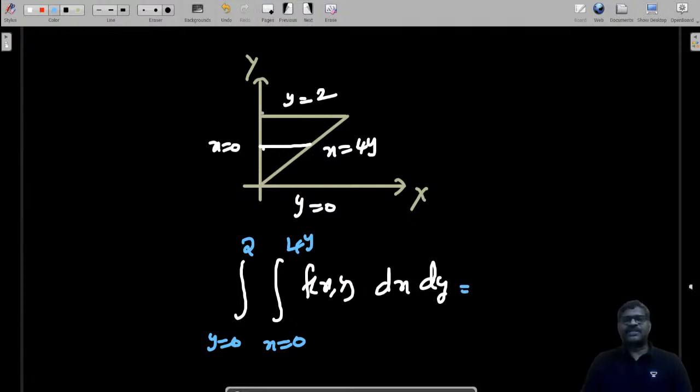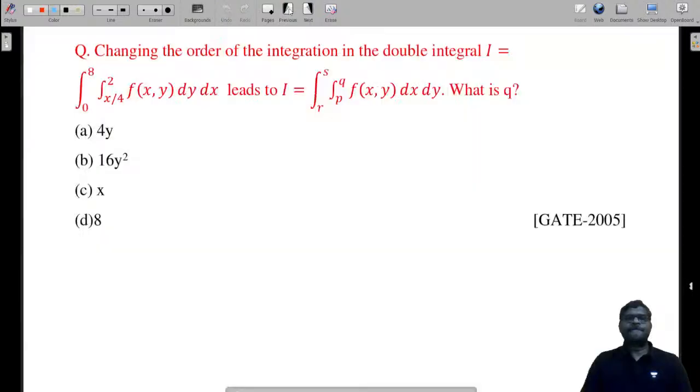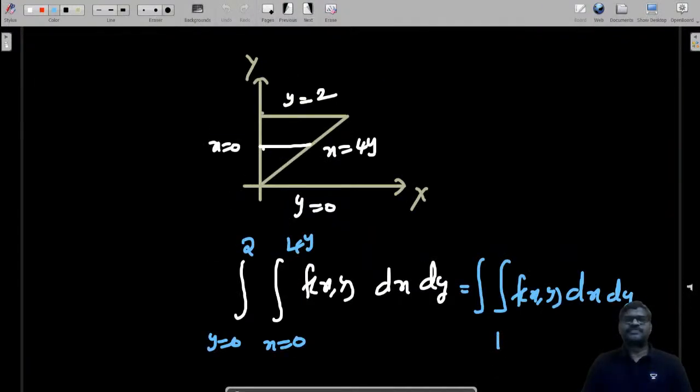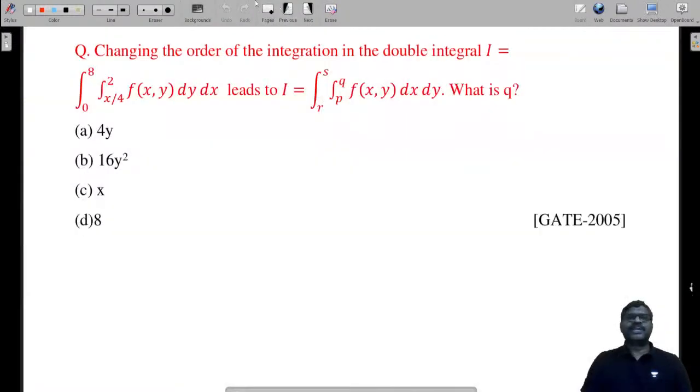If you compare with double integral function of xy dx dy, PQRS. What is Q? Q is 4y. So correct answer is Q equal to 4y.